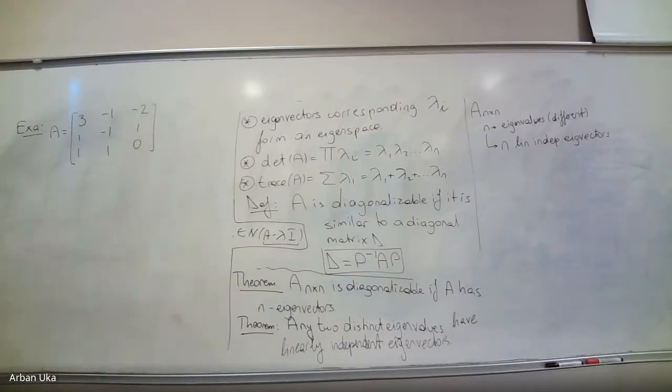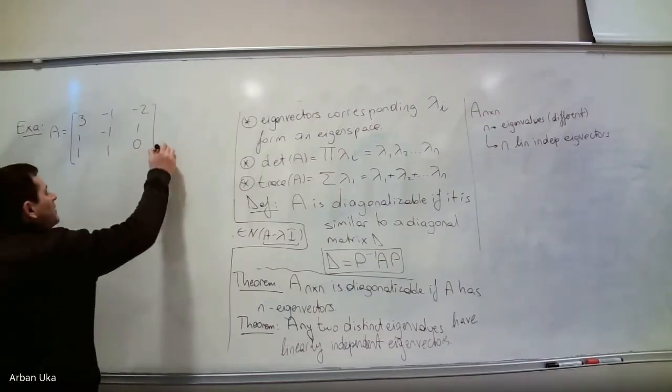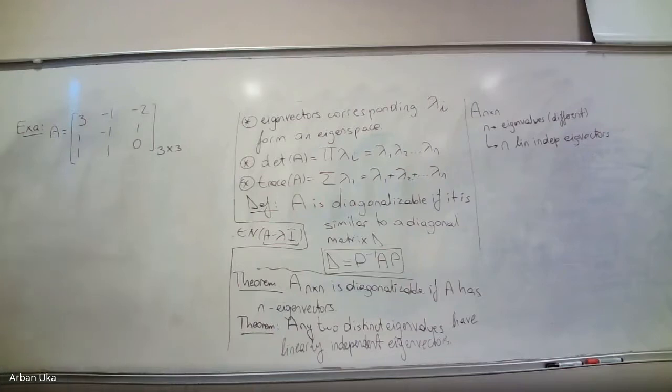It is 3 by 3, and we want to extract as much information as possible regarding the eigenvalues and the eigenvectors. Now, the first thing that we need to do is to find the eigenvalues.